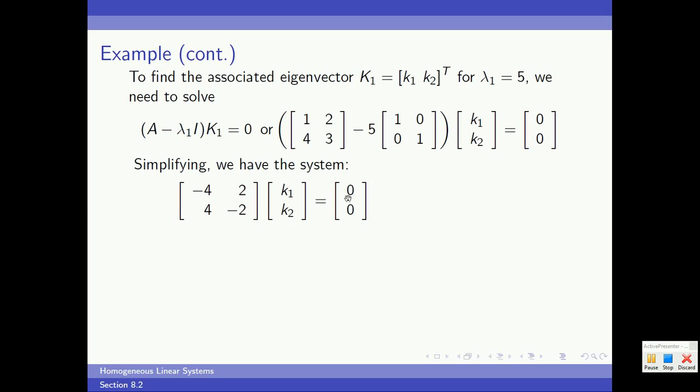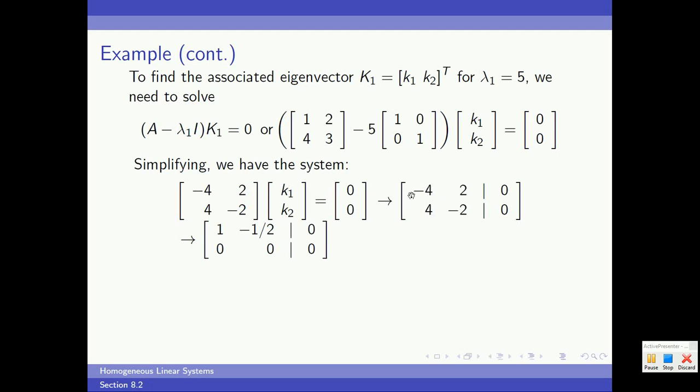So you can rewrite this system in its augmented form, where you don't have to worry about these K1s and K2s. And what you're always going to see is that you're going to always have a row of just zeros in here, because you always have to have at least one free parameter in order to have an eigenvector. So if I take my second row and add to it my first row, I get zeros in the bottom.